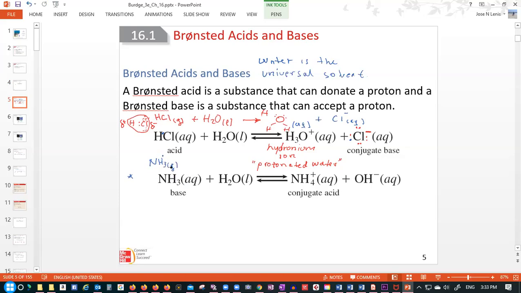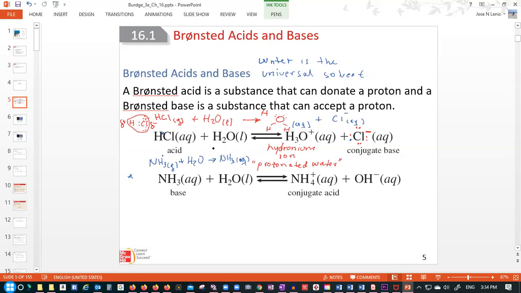It's a neutral molecular gas that we bubble into water to form the aqueous solution, to form NH3 aqueous. So what happens when the gas dissolves into water? Once it is aqueous, let's see what's happening here.